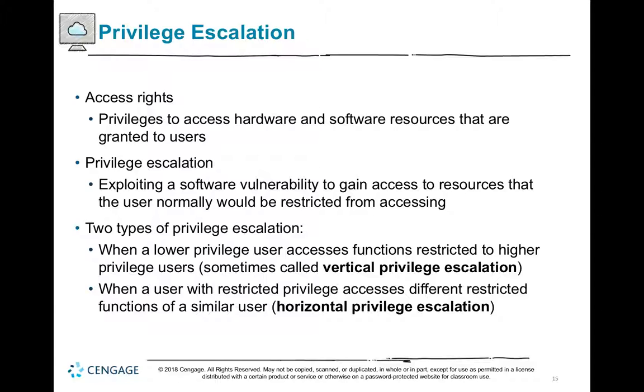So horizontal privilege escalation would be getting access to data that is controlled by other unprivileged users, just not the one you're on. So you've got to move around to try to get the right accounts to access the right privilege, or the right data that you're after. So that's horizontal privilege escalation.